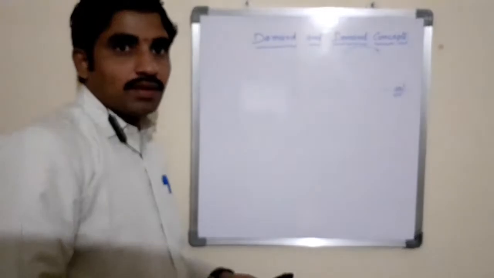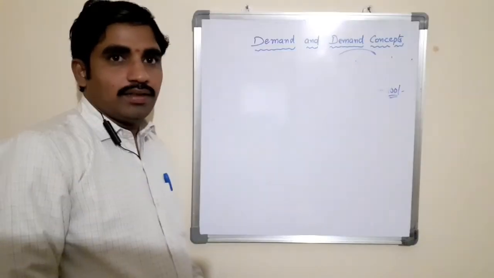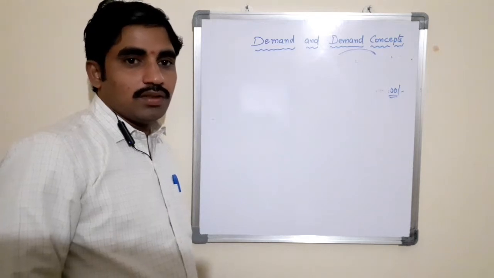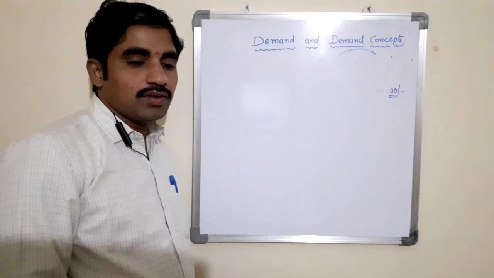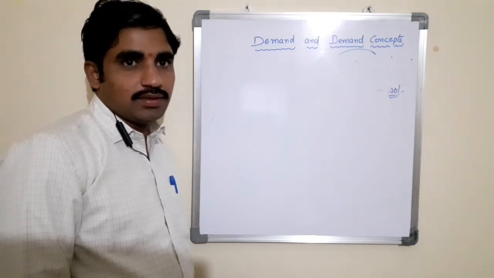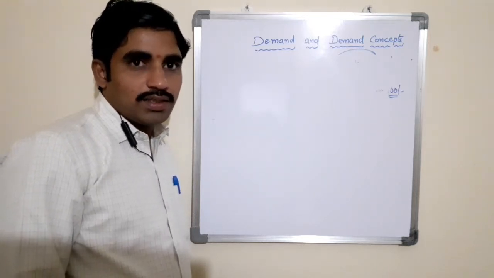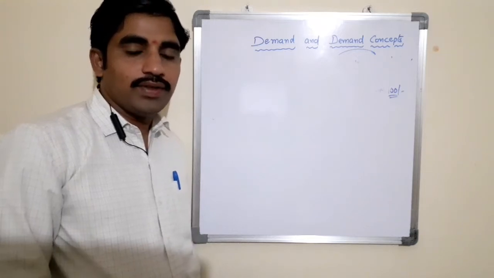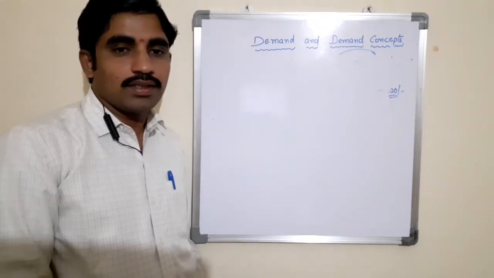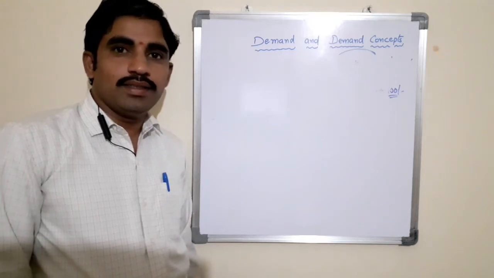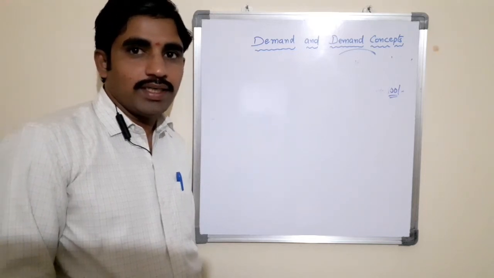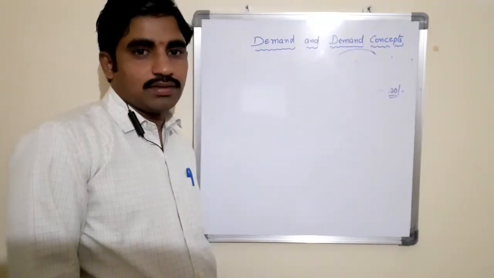So here, to understand the demand, we must remember and understand certain points to define the demand term. So desire, want and demand are different from each other. These are not the same. The quantity demanded is the amount that a customer is willing to purchase.